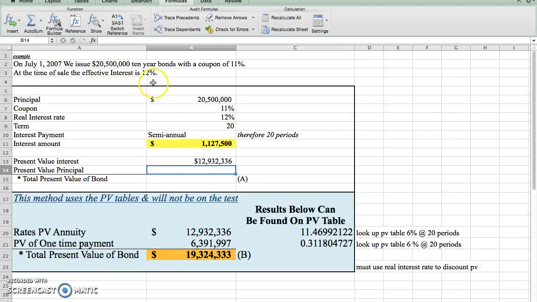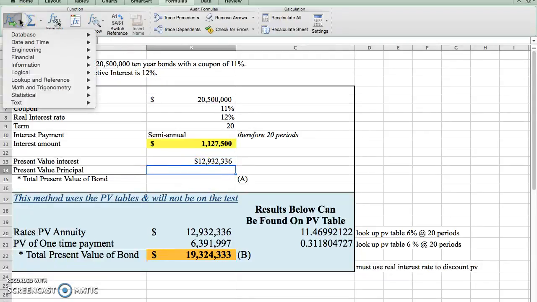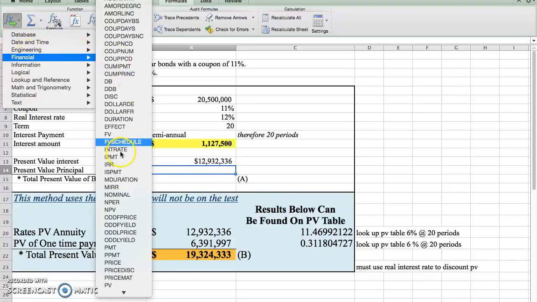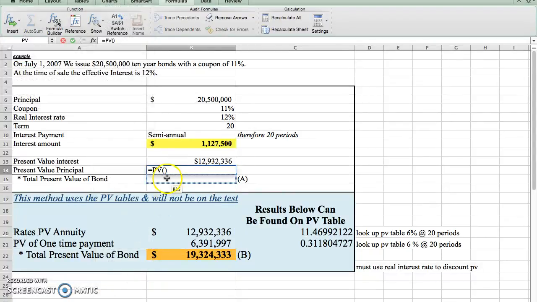So I'm going to do present value again, find financial, PV. When I click in here, it says the rate, and we always discount at the market rate, and in this case it's divided by 2 because it's semi-annual. The number of periods is 20, so it's discounting 20 times at 6%.